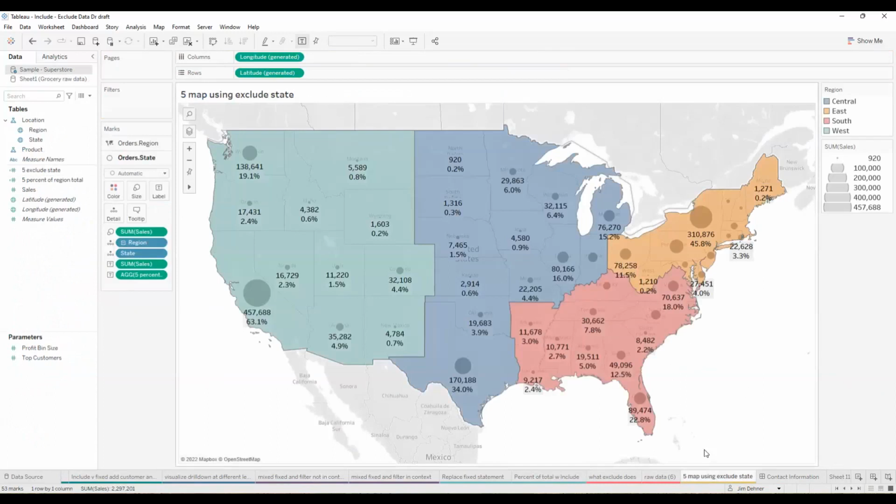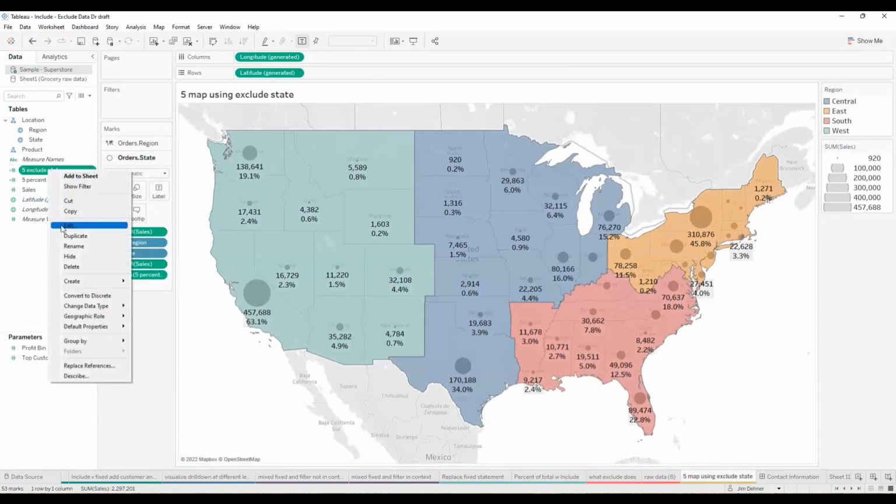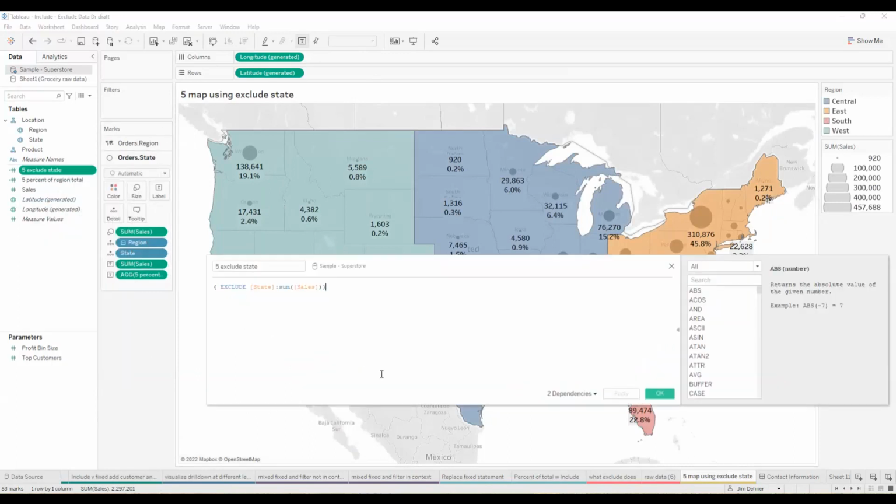It's used to exclude the effect of a dimension that's already in the view. And I like to use this example. This is an example where we take a look at a map of the United States and total sales in each state. And I want to also take a look at excluding the state.